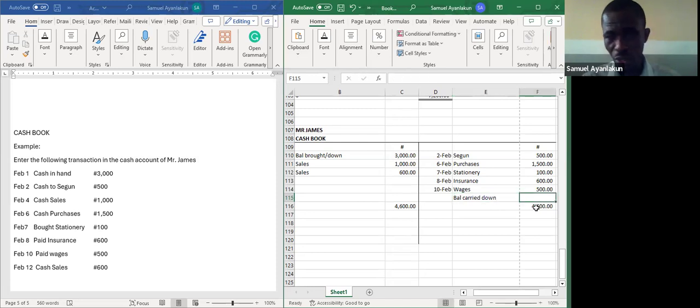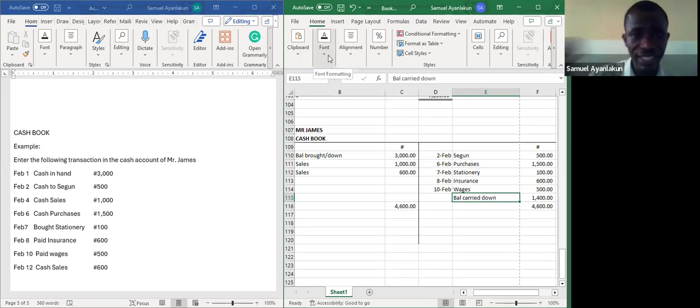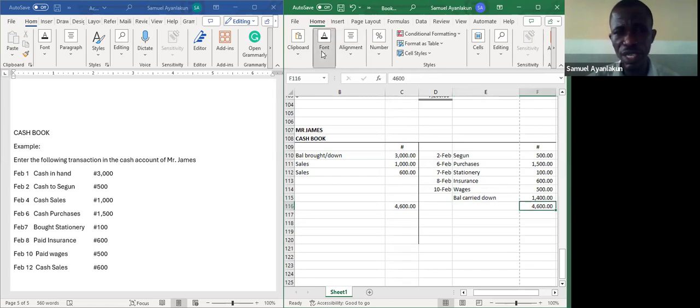At the end of February, what will you be having? 46 minus 32, so we have 1,400. So 1,400 is now the cash you have with you that you take forward to March. Start March.